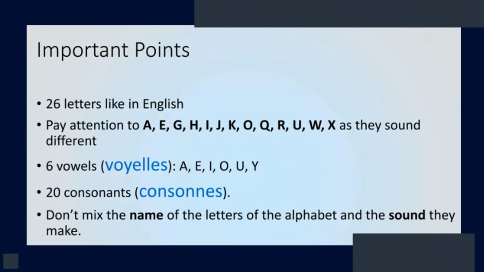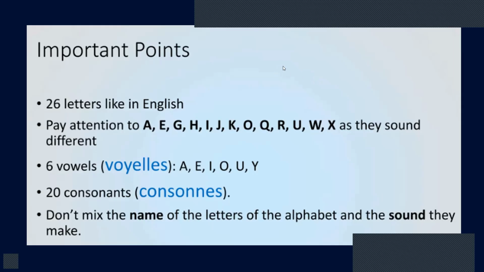E in English, you can say English with E, but in French you say E. From A, E, G, H, I, J to X, in English they have their pronunciation and sound, but in French it is a different sound. That is what we want them to know. It sounds different, like a romantic sound.